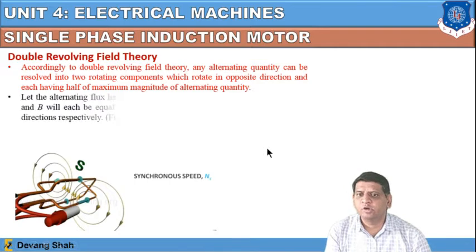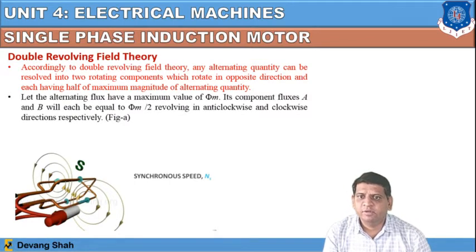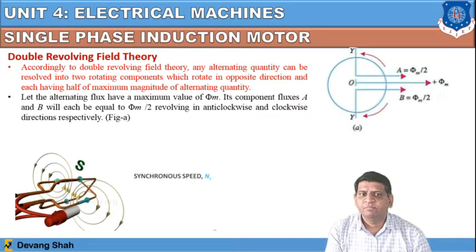If we talk further, let the alternating flux have a maximum value of phi m, and its component fluxes A and B each be equal to phi m divided by 2, revolving in anti-clockwise and clockwise directions. You can see in this figure one vector moving in an anti-clockwise direction having flux phi m divided by 2, and another vector moving in a clockwise direction having flux phi m divided by 2.